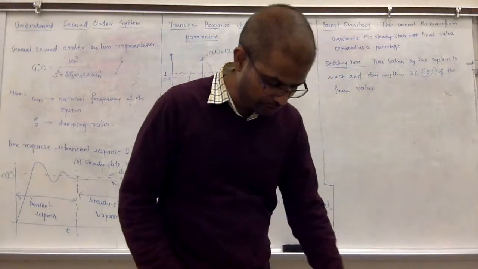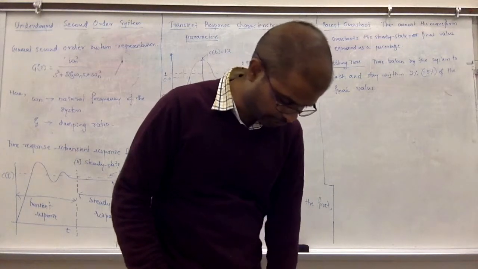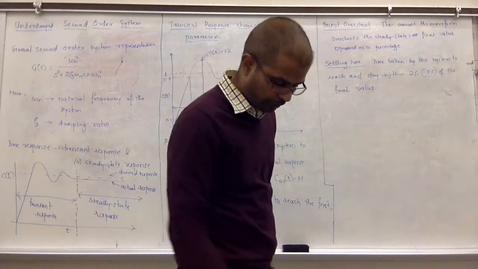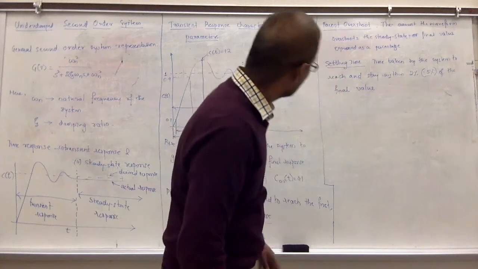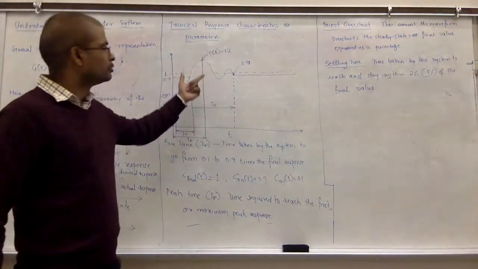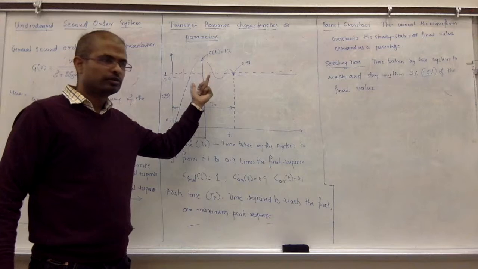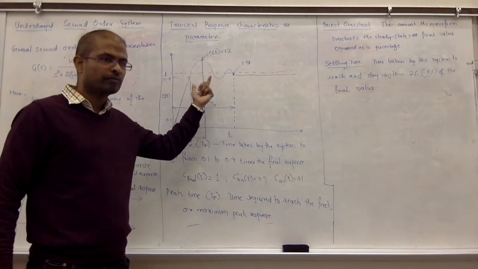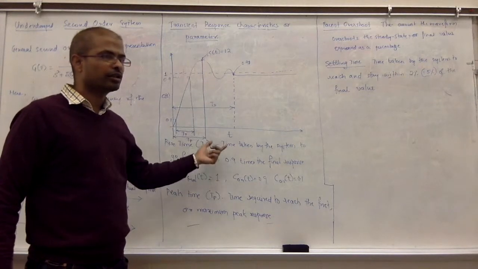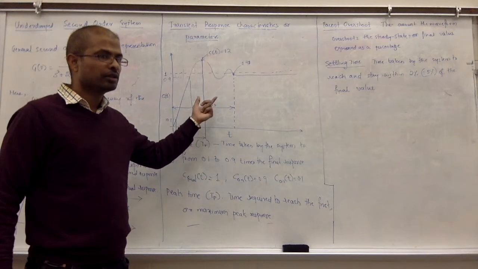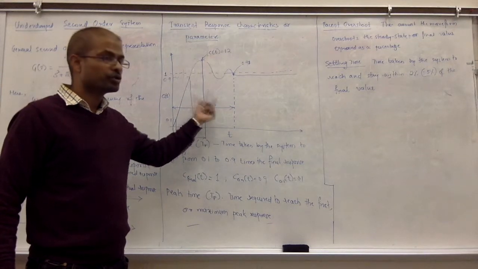So the formulas, I'll give you some formulas. You don't have to memorize these, but you have to be able to show these on a plot. Even for the exam, I may ask you to calculate certain things, and at the same time, you will be asked to show these.